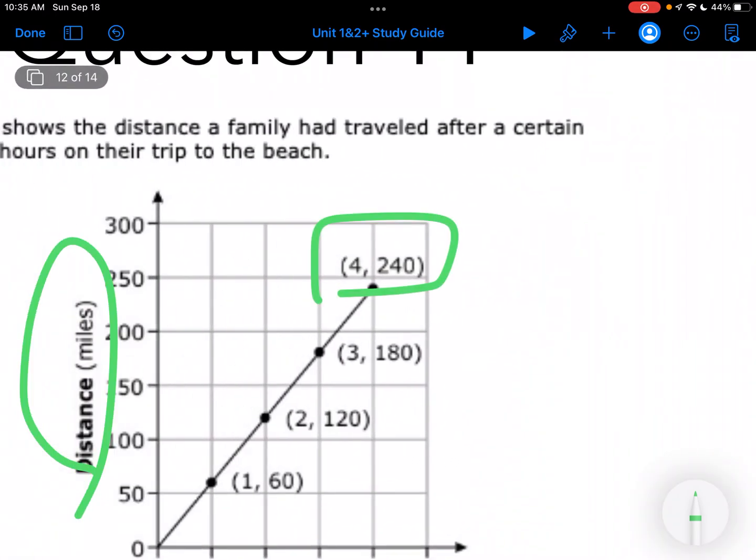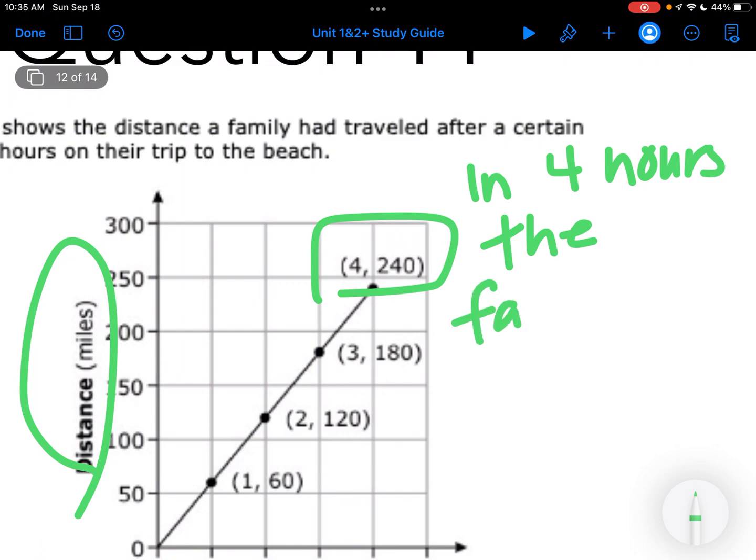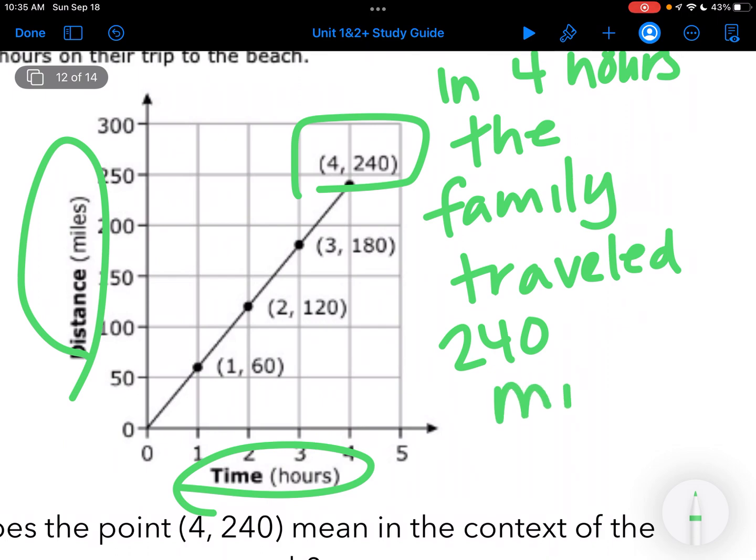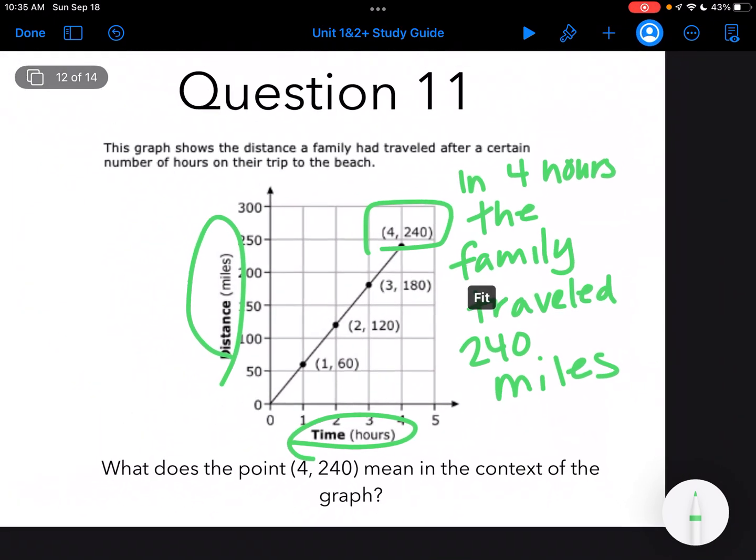So if I was going to write that in words, I would write in 4 hours, the family traveled 240 miles. Based on the way the graph looks, I would assume that they're probably at their destination, but I don't know that for sure.